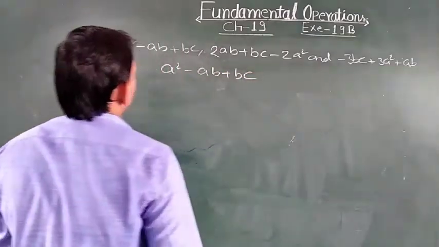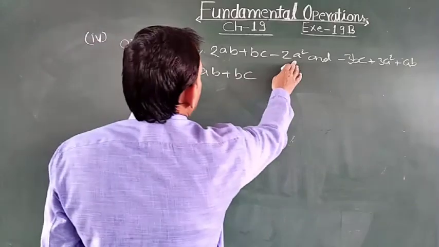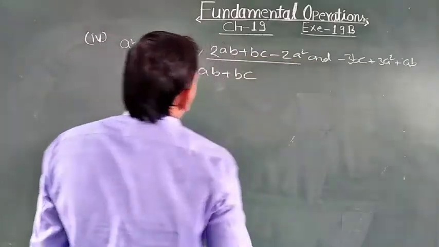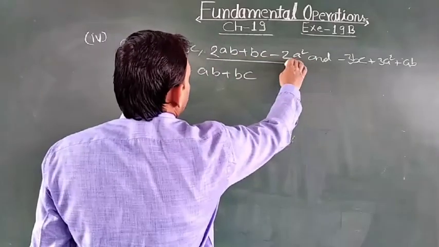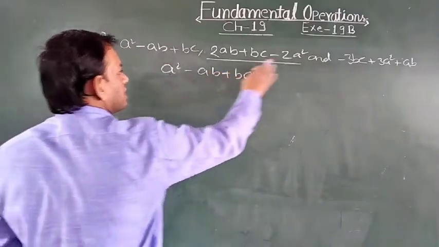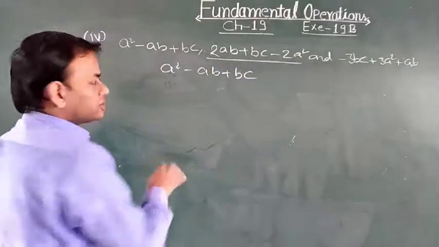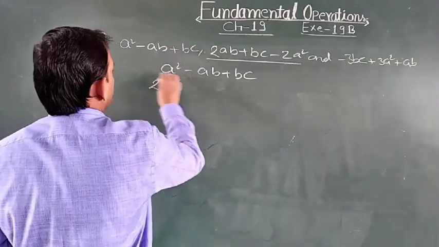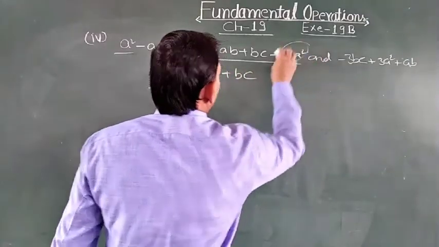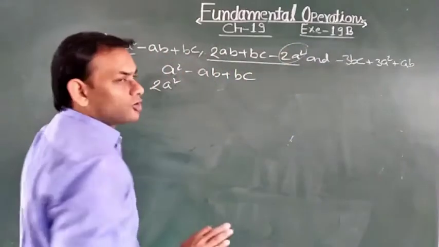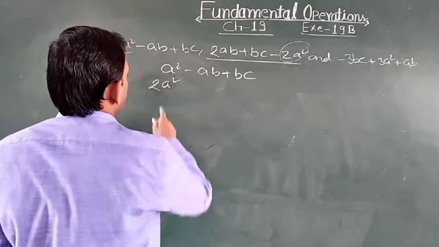So first of all we will write it here, a square minus ab plus bc. Okay, now in this polynomial, here is the 2a square, so we will write the like terms in the same column. So it will be the 2a square because this and this are like terms, so we will write all the like terms in the same column.